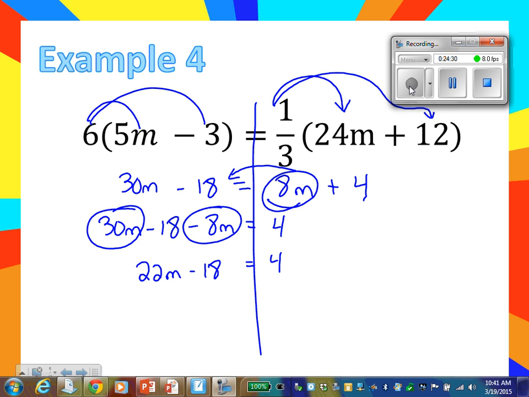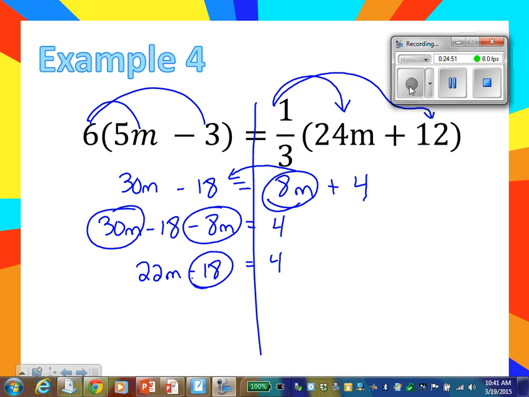So far, so good. From here, Jordan, if my 22m is on this side, where do I want my numbers? On the other side, so what do I need to move? The negative 18. Very good. How many of you are circling with me? If you're not circling and you're not drawing a line, you see what I'm saying?